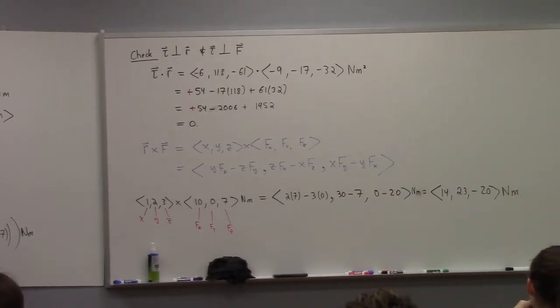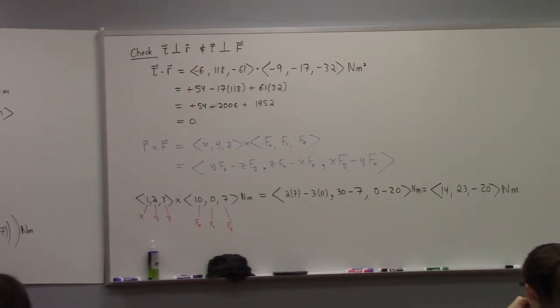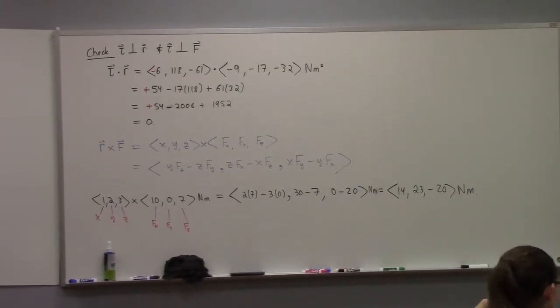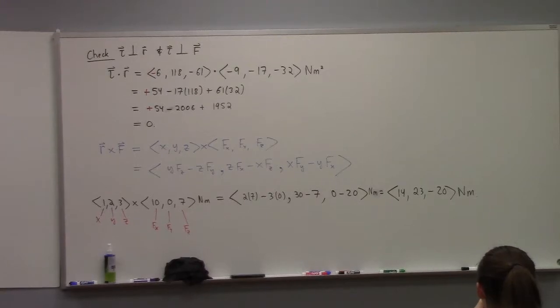Z is 3, fx is 10, so 3 times 10, minus 1 times fz, which is 7. One times 0 minus y is 2, fx is, I got 20. No, that's right. That's right.